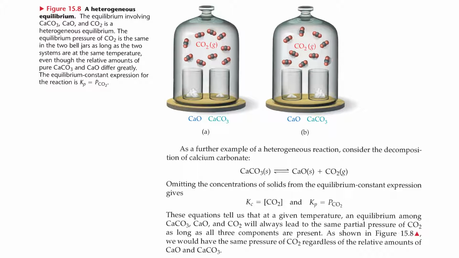These equations tell us that at a given temperature, an equilibrium among calcium carbonate, calcium oxide, and carbon dioxide will always lead to the same partial pressure of carbon dioxide as long as the three components are present.